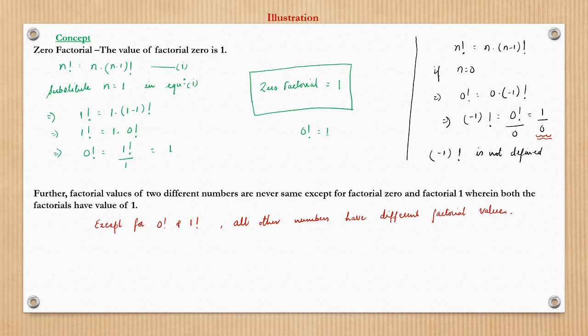Right, so this is a very standard thing. This we should remember. We can see 5 factorial is 120, 4 factorial is 24, 6 factorial is 720. None of the other factorial values would be similar except for 0 factorial and 1 factorial, which are both same as 1. So this is also we should keep in mind.